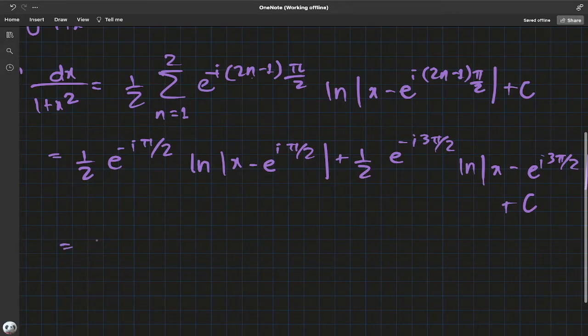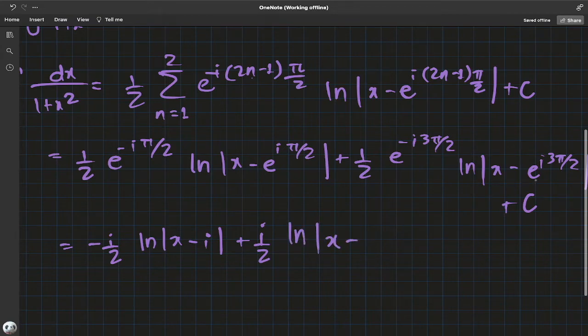e to the negative i pi over 2 is negative i. So this is x minus i, 1/2. Well, this without a negative is negative, so with a negative, that negative will become a positive i.